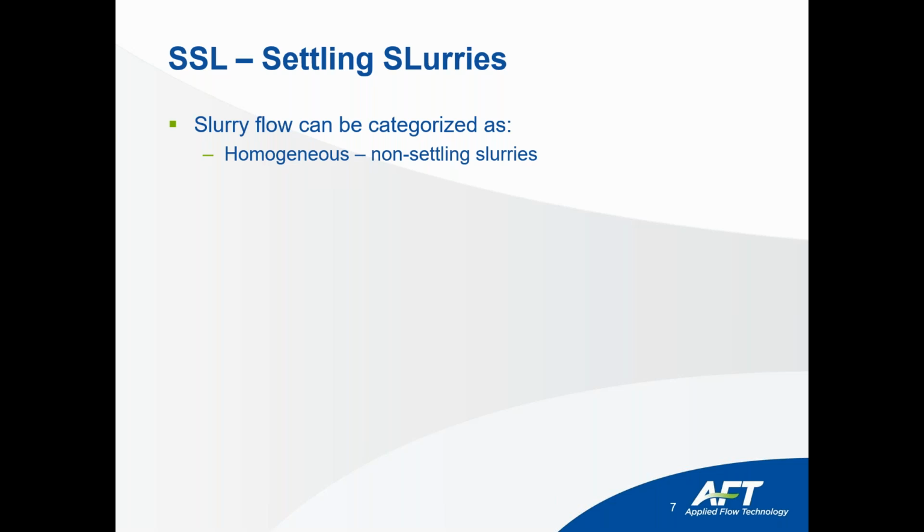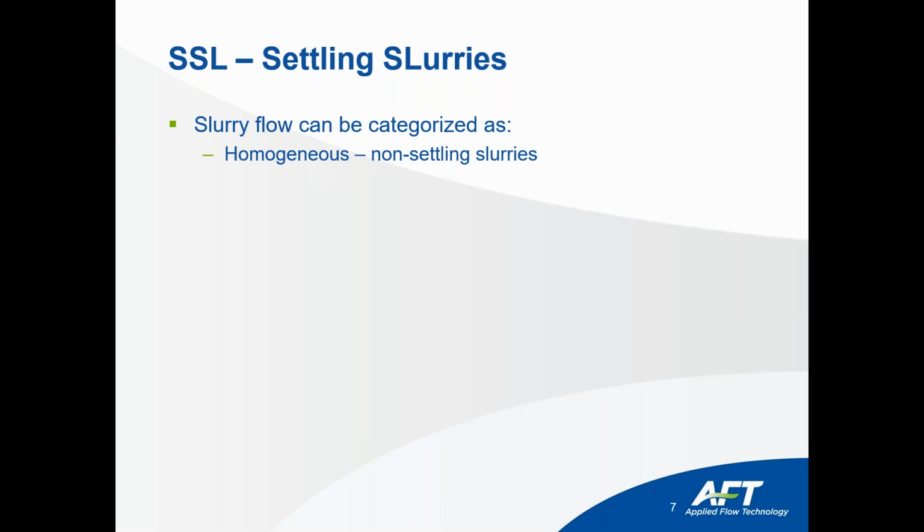This would be a non-settling slurry, such as the case where you have very, very fine particles. So if you have very small, fine particles, and you have a fairly homogeneous mixture that you're pumping, then those particles are not going to have a tendency to settle out of your fluid. And in fact, they're typically going to be more of a non-Newtonian performance, which AFT Fathom and AFT Impulse can do.